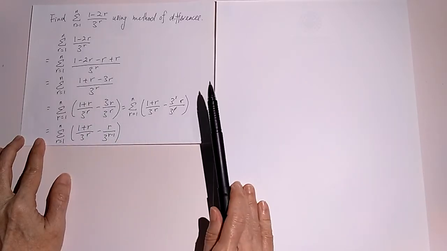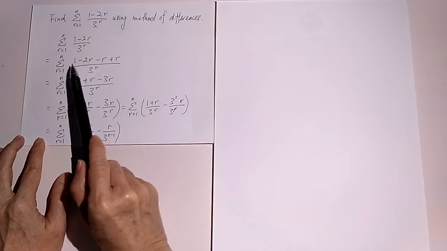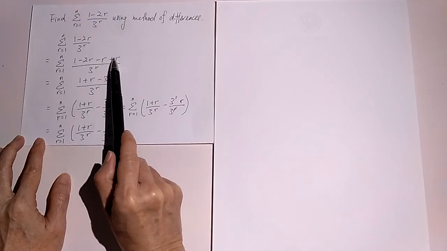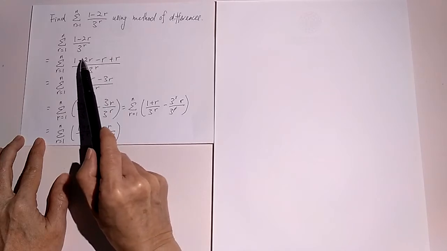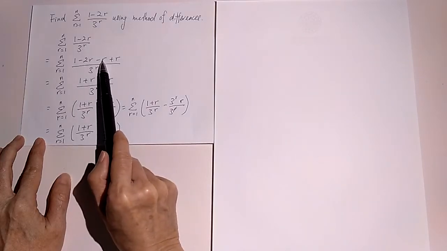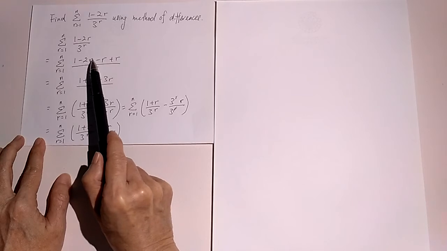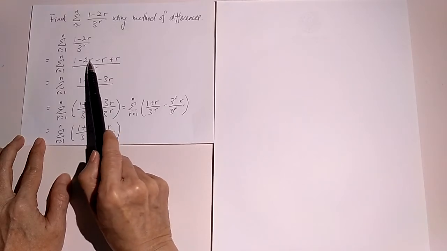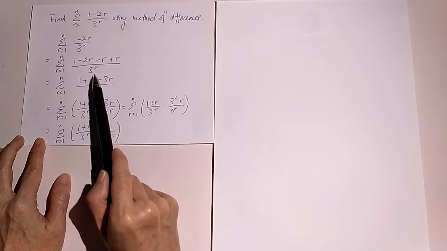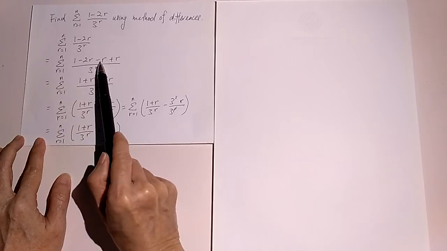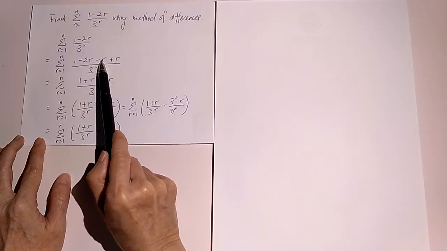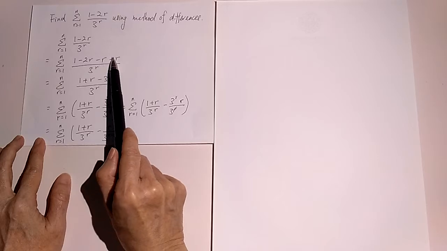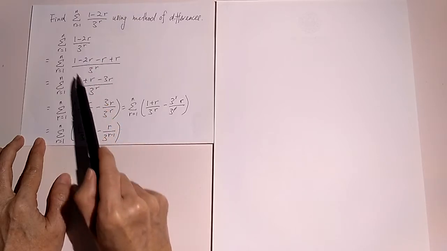But we are not allowed to change the question. So whatever you have done, you must make sure that you are able to cancel off. Like for example, I minus r, but I must plus r. The reason I want to minus r is because minus 2r minus r becomes minus 3r. But I cannot just simply minus r, I must add r, so we'll be back to the same question.